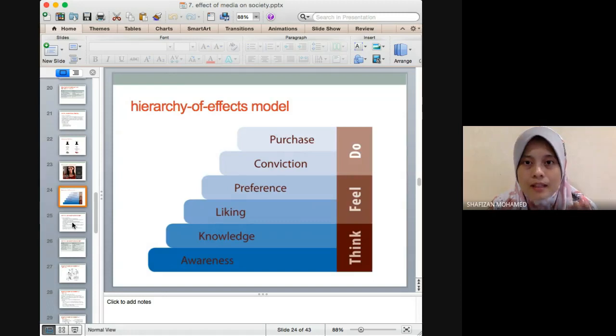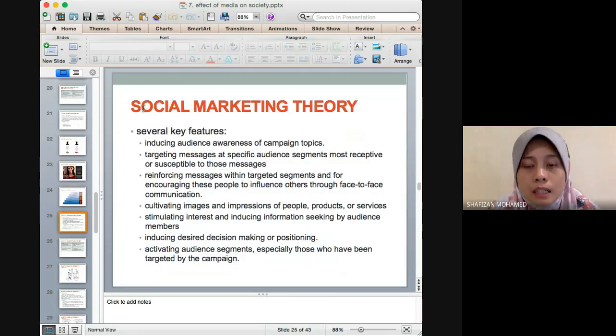But these 3 theories are actually part of a bigger theory that we call social marketing. Social marketing, like I mentioned just now, is not really just about trying to direct sell a particular product. It is also trying to infuse some kind of benefit to society.